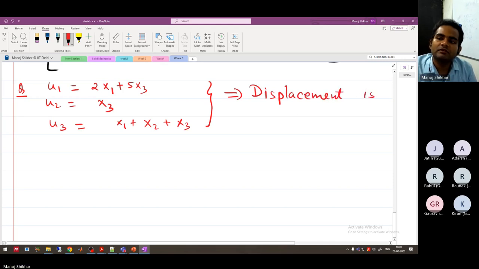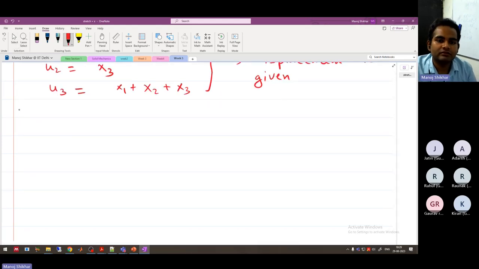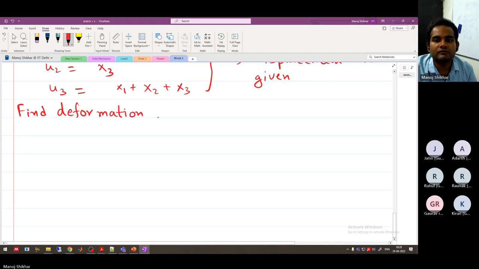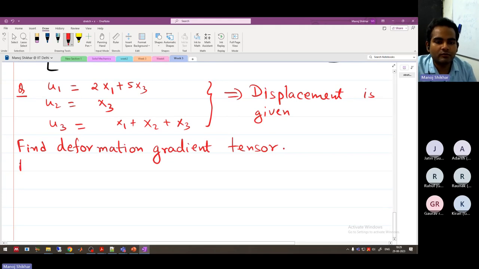Displacement is given. Here, if I tell you to find the deformation gradient tensor, how will you do it? You can use this formula directly.